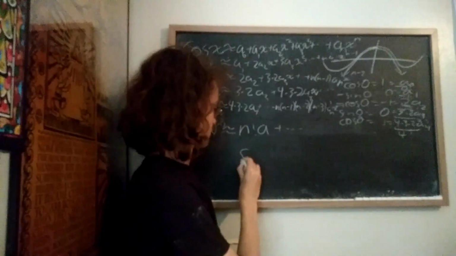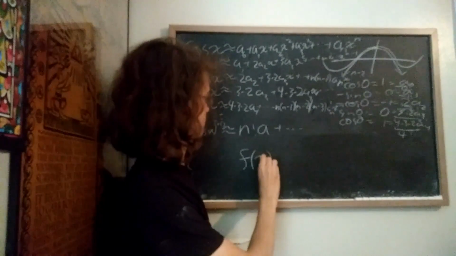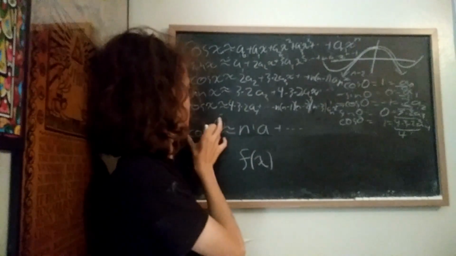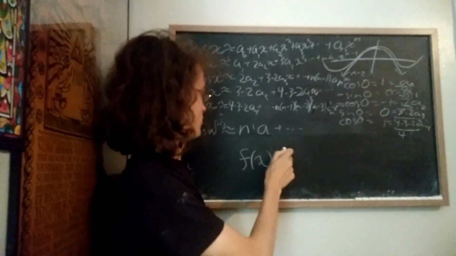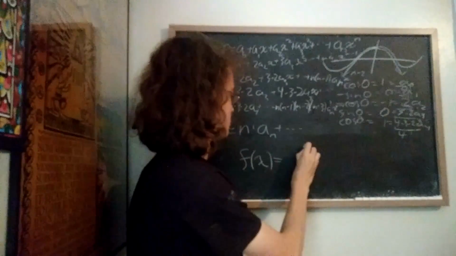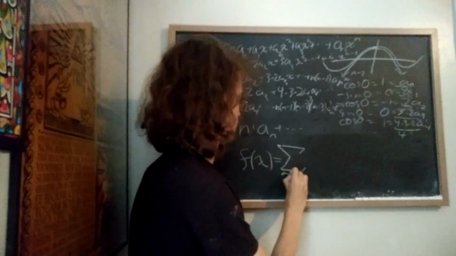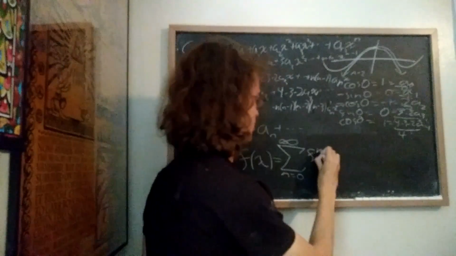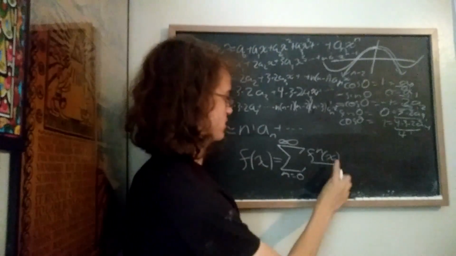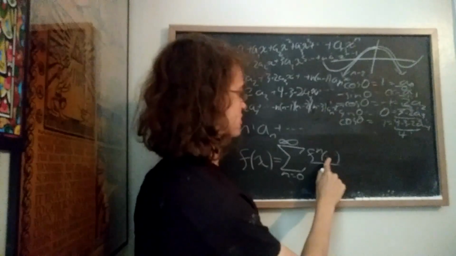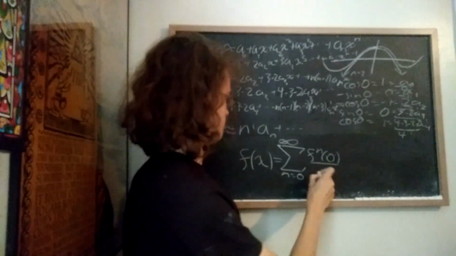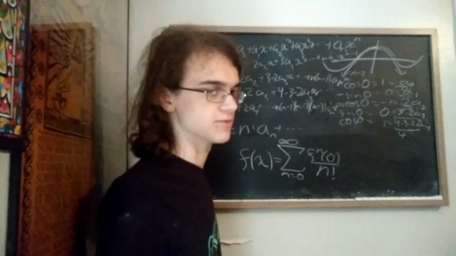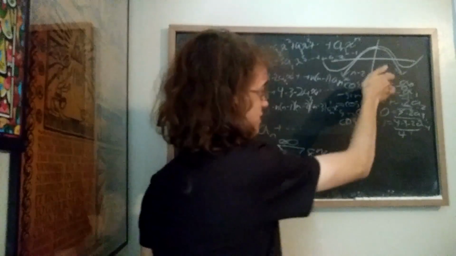And so how it's written is we can kind of use this idea, but instead of just being cosine x, it's just any function. To find the coefficients of each term of our infinite series, we take the nth derivative, which we're going to write generally like this, and we're actually going to put it at 0, not just x, and we're going to put it over n factorial, and not just the even ones, because the even ones was just specific to cosine.